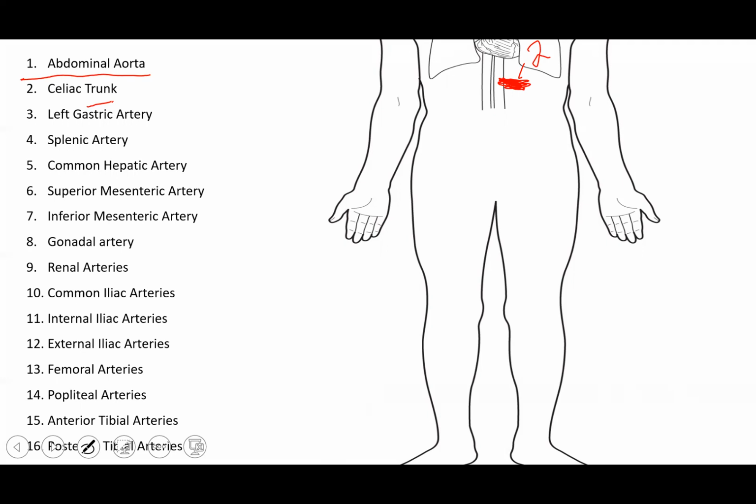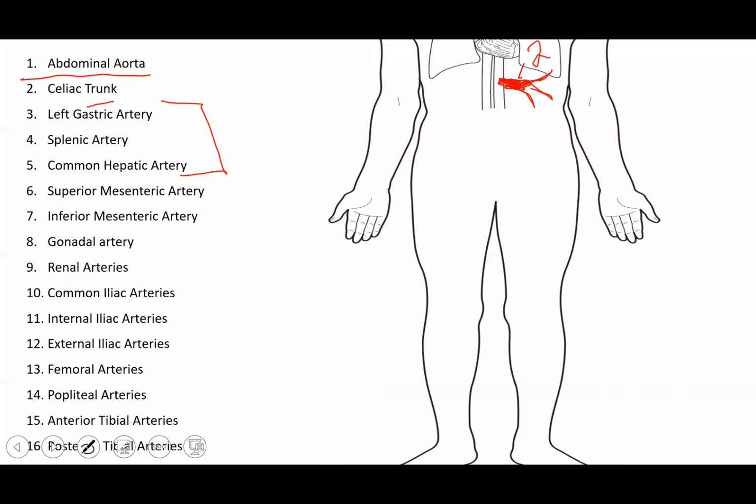The celiac trunk is going to branch into 3 sub-branches, or 3 vessels, and this blood is going to feed the 3 superior most organs within the abdominal cavity. On a model or on a diagram, it's kind of difficult to tell which artery is going where, so definitely check out the model videos themselves. But for now, keep in mind that the celiac trunk is going to branch into 1, 2, and 3 vessels.